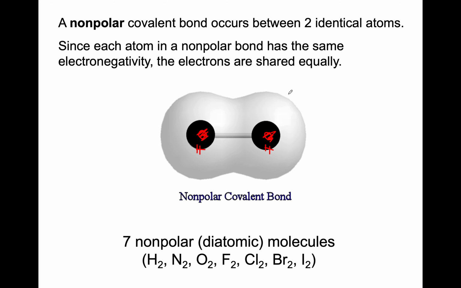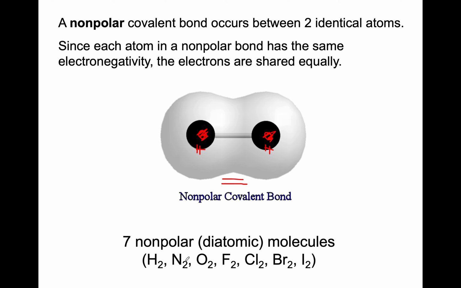Notice how this cloud of electrons around it is equal size. They're going to share it equally because they both hog the electrons the same amount. Okay, 2 identical atoms are going to hog the electrons the same amount.